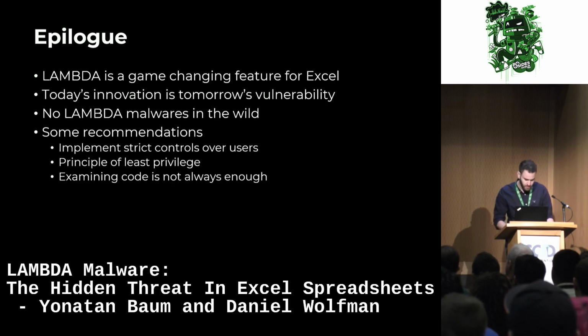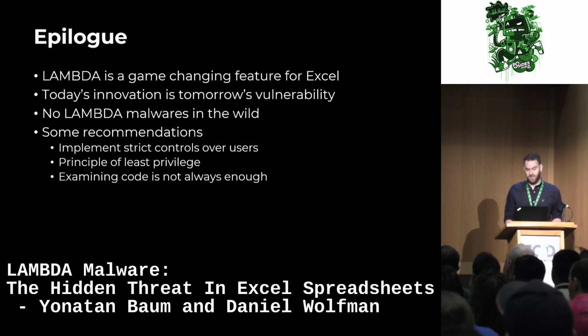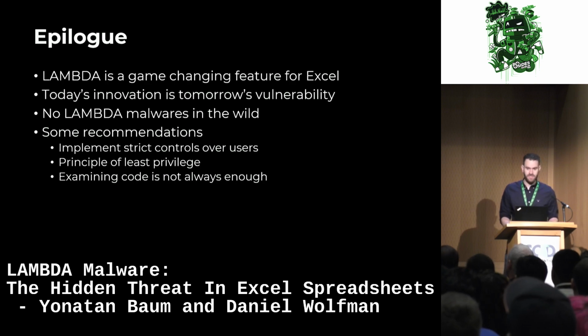And so, as for some of my recommendations when it comes to mitigating these types of threats, for the InfoSec departments, I would recommend incorporating best practices and limiting users as much as possible. Essentially, if there's no need to use VBA macros for your day-to-day work, why even give the user the option of turning them on?